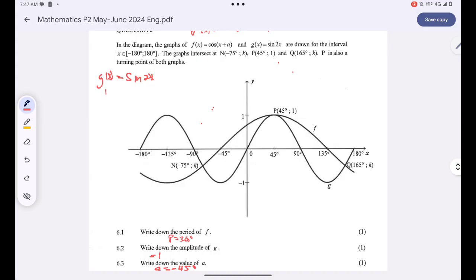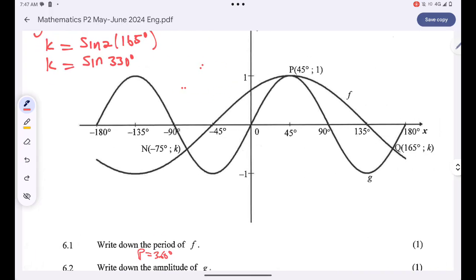I know that y is k when x is 165 degrees, whenever I use point Q. So 165 multiplied by 2 will simply give me 330 degrees. 330 is in the fourth quadrant, and in the fourth quadrant sine is negative.